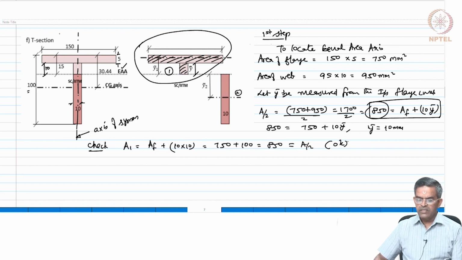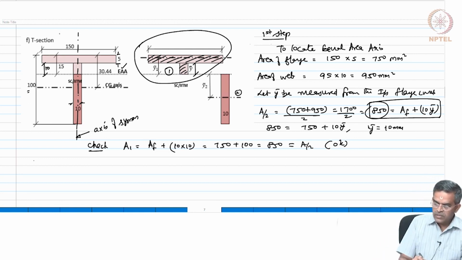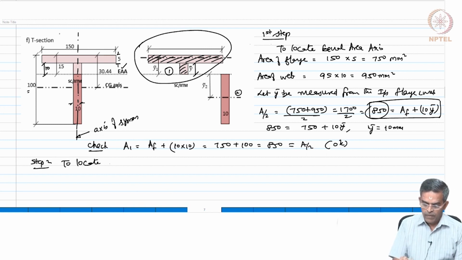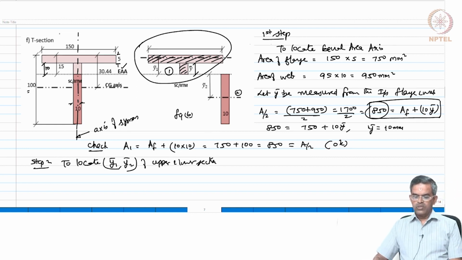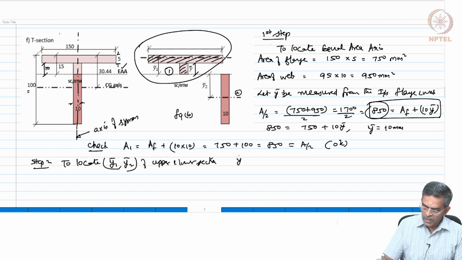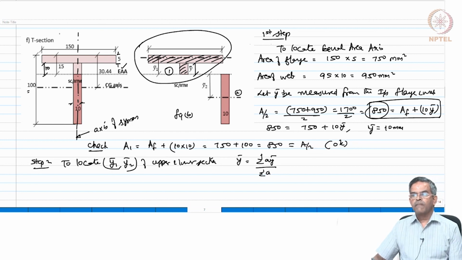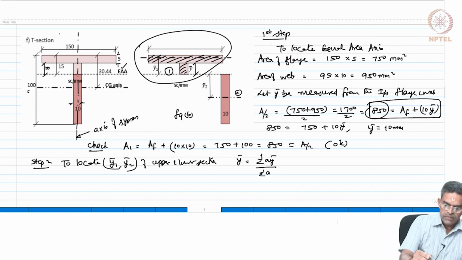Now, I want to locate the CG of both the sections. Step number 2 will be to locate the CGs, y bar 1 and y bar 2, of the upper and lower sections. So, look at figure B. The two sections are drawn separately. Let us apply this equation: y bar is sigma A y bar by sigma A. Let us find y bar 1 first.